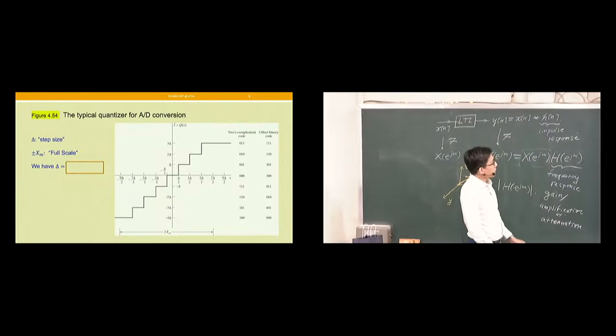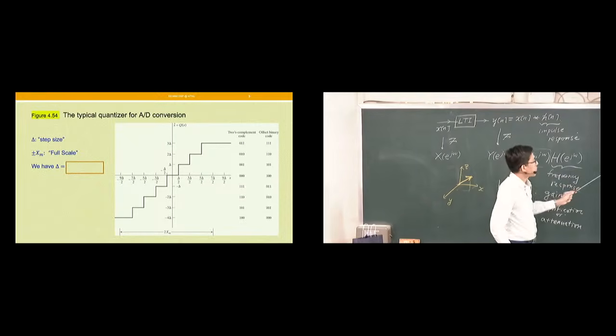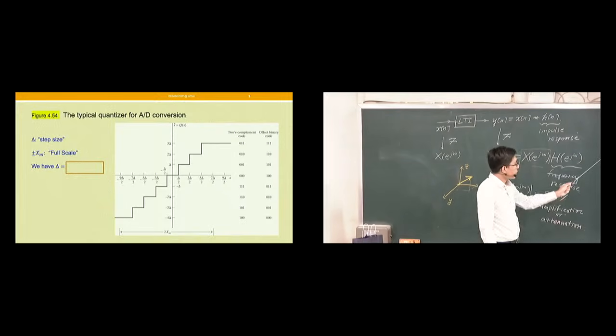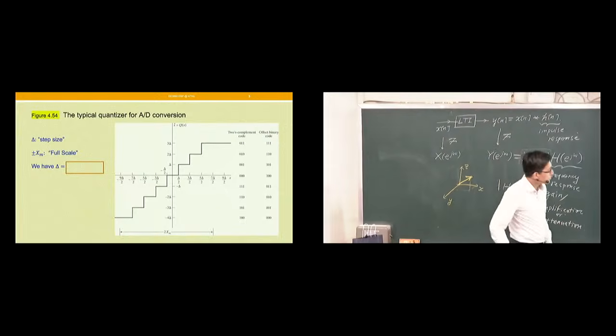And as I previously mentioned, plus or minus X_m, you can refer to as the full scale. In this case, I will assume that the full scale is plus or minus that. Full scale, step size. And then as a simple matter of fact, what's the relation between delta and full scale?